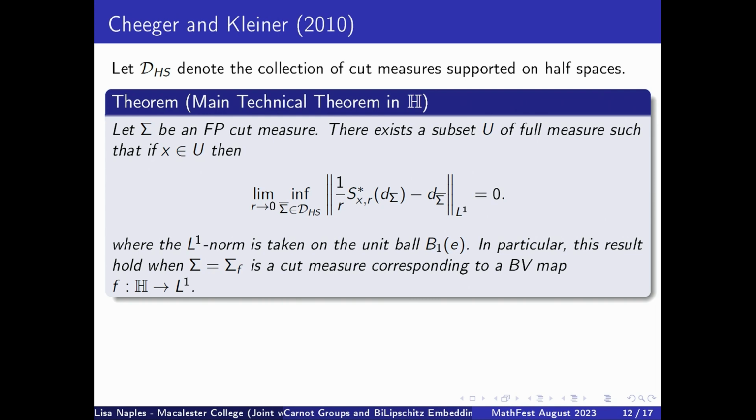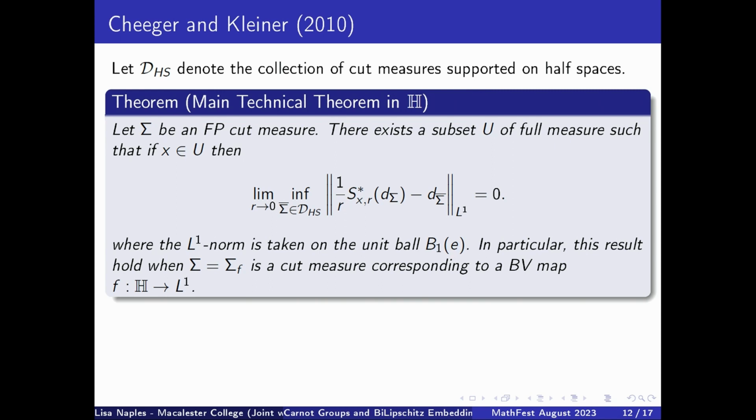You can think of this as follows. You take some cut measure sigma, and you get its corresponding cut metric, d_sigma. Inside of this limit, you're looking at the blowup of the cut metric.